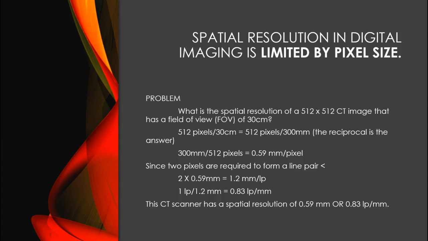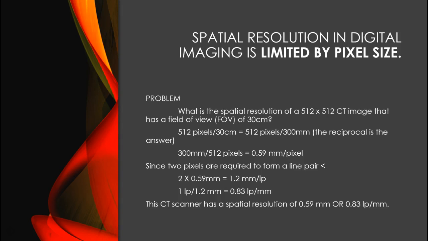Okay, 512 by 512 is a very good matrix to be using in imaging. Okay, so that you will see that number a lot. You can lower that matrix to acquire images in MR, for example, quicker, but you lose resolution. Okay, so 512 by 512 is a very good size matrix to be using for imaging.